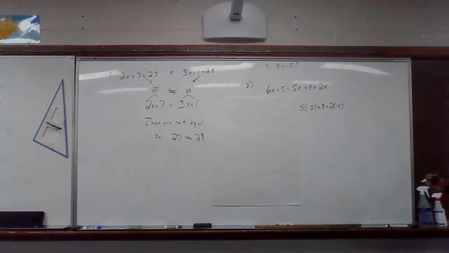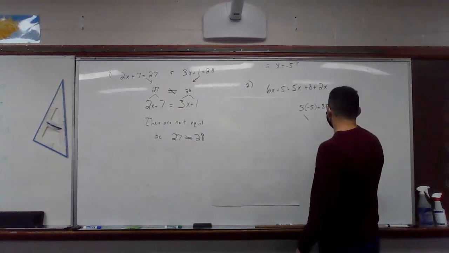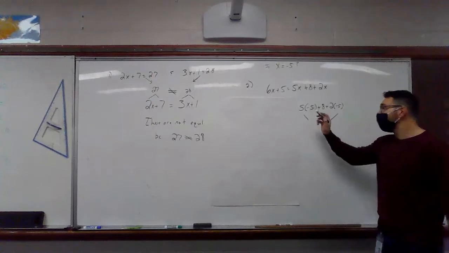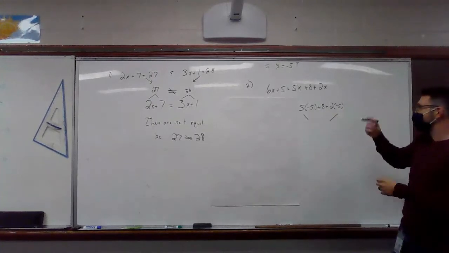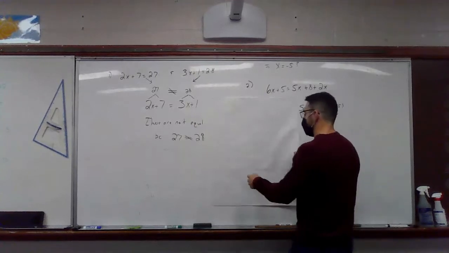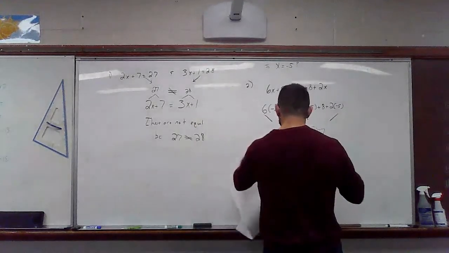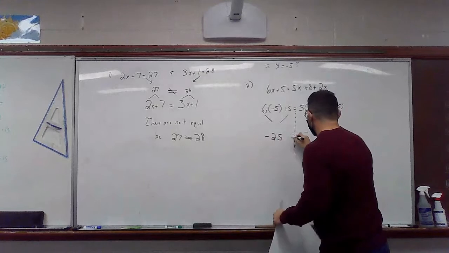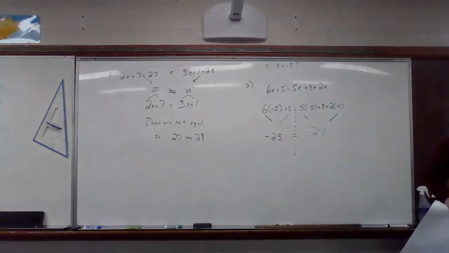Zach, go ahead. Negative 27. Okay, negative 27. So you put in your calculator 5 times negative 5 plus 8 plus 2 times negative 5, and we get negative 27. So now we have negative 25 equals negative 27.